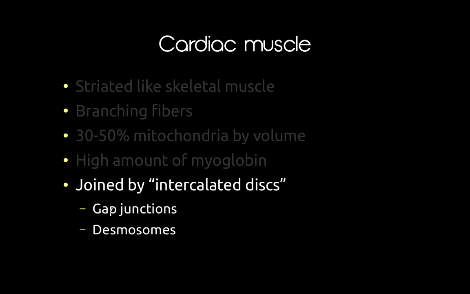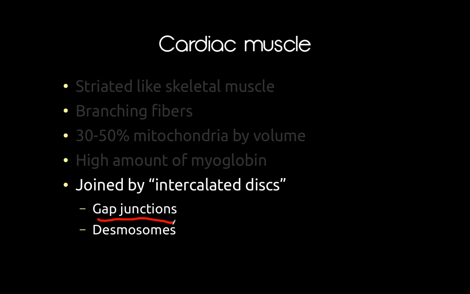Now, we talked about gap junctions before, particularly when we're talking about single unit smooth muscle, and then also when we're talking about electrical synapses in neurons. In both of those, gap junctions do this really great thing that essentially we can connect the cytosol of two different cells, so the electrical activity in one gets transmitted directly into the cytosol of the next one, and we can pass electrical signals very easily between cells that are joined by gap junctions.